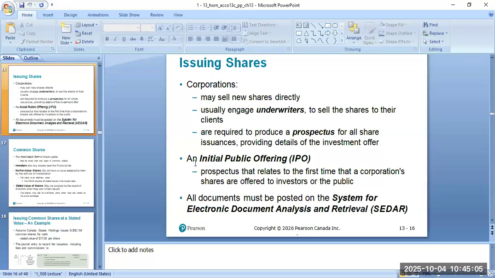Public corporations may sell the shares directly, or they can engage underwriters, companies or financial institutions, who are going to sell the shares for them. In order to do that, they have to prepare those fancy prospectuses. It's the same as buying a condo in Vancouver on pre-sale. You go there, and they paint the future for you.